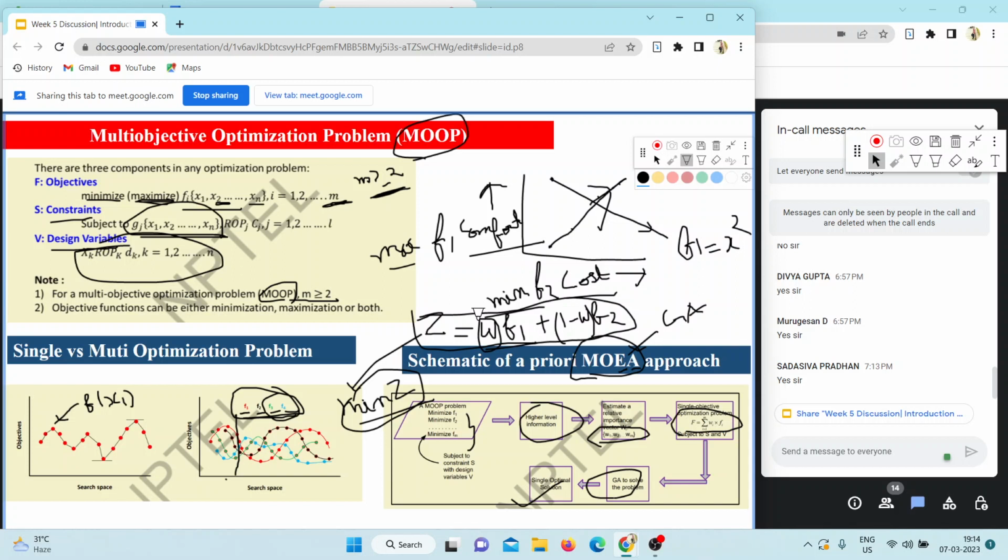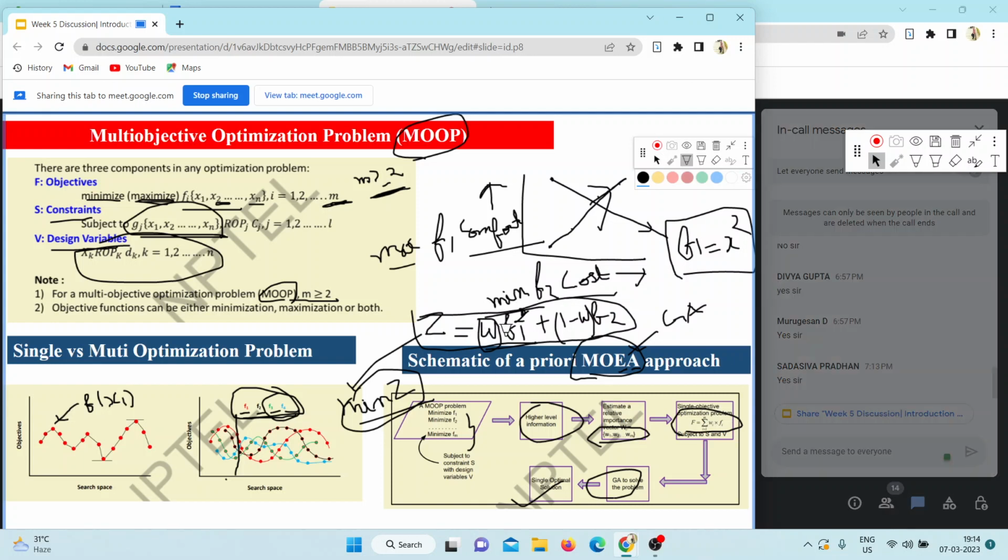So we need not see if your function is a polynomial function, which degree polynomial. We don't need to care for that. In this case, you need not do f1 square or f2 square. No need to do that. You only multiply some weight to your objective function. Okay?